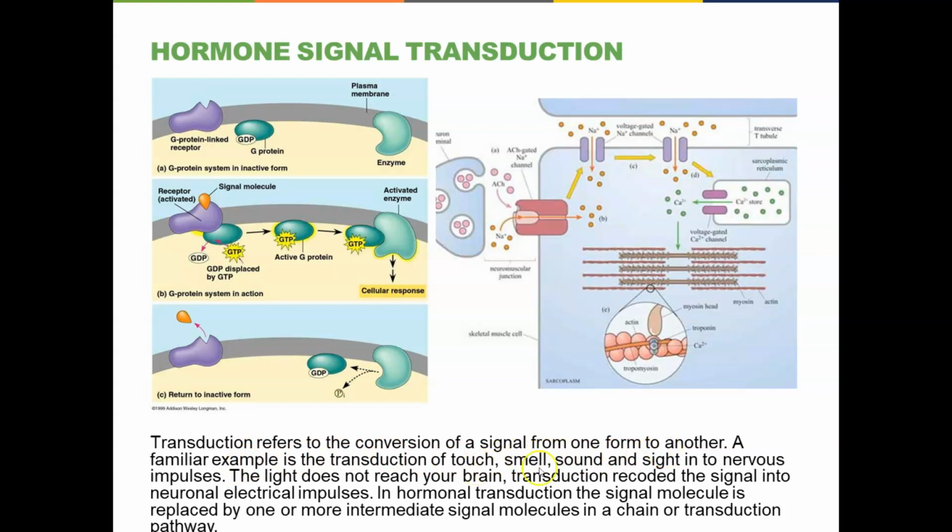So your touch, smell, sound, and sight receptors of your nervous system all take an environmental stimulus, light, vibrations in the air, something very related, pressure on your skin, or chemicals in the air that bind to olfactory receptors in your nose or in liquid onto your tongue. All of those, that original signal, is converted into some chemical activity inside the cell.